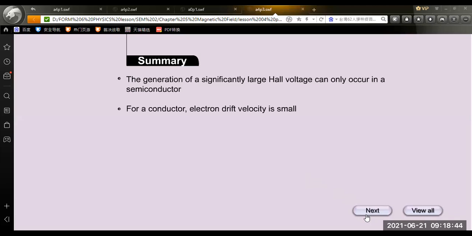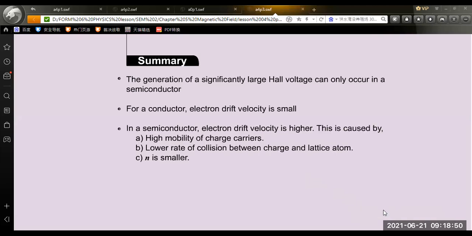For a conductor, the electron drift velocity is small, whereas in a semiconductor, the electron drift velocity is higher. This is caused by high mobility of charge carriers, low rate of collision between the charge and the lattice atoms, and the n is smaller.